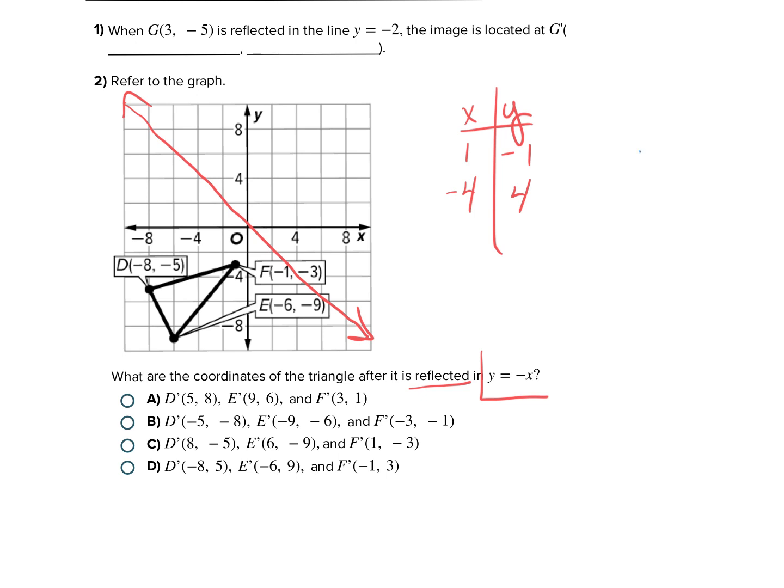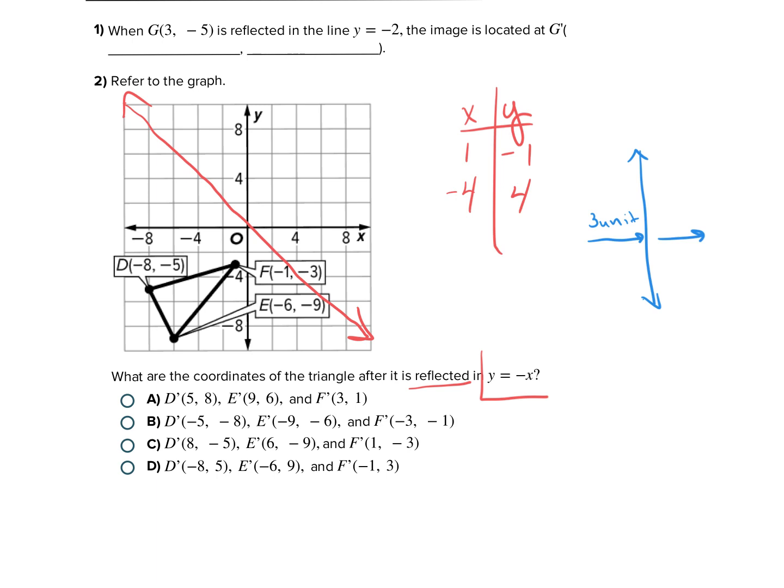If I had a vertical line, I would count the number of units to the line and then the same number of units over. We are only going in one direction. But because of the diagonal, I'm going to go up, and then to go over the line, I need to go to the right. So let's take the example of point F here, okay?